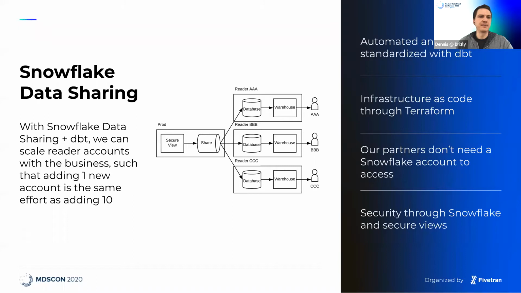And we can do that safely, and since their data is just copies of our data, if we need to make a change, it's reflected in their reader accounts in real time. We don't have to ever update or push changes. They're seeing what we're seeing as soon as we transform the data.